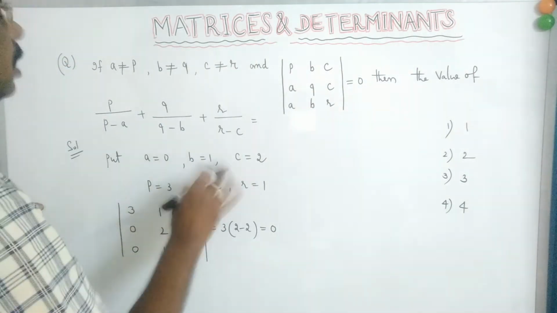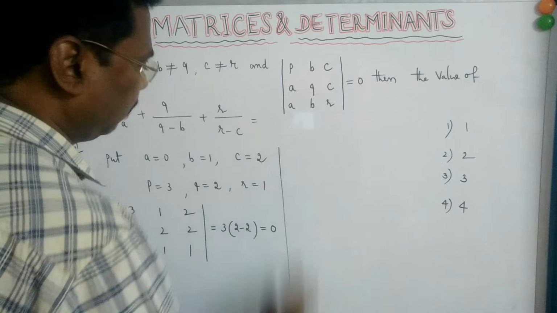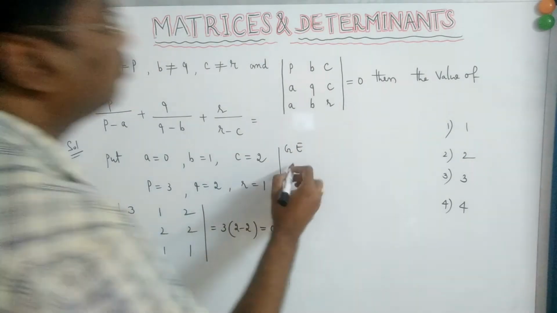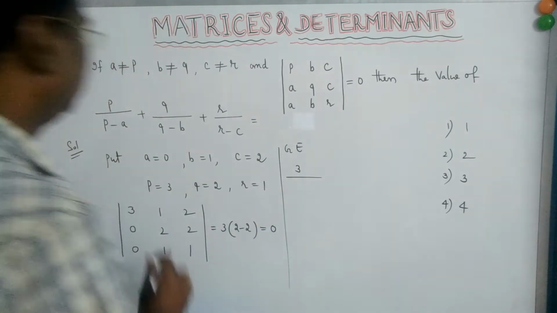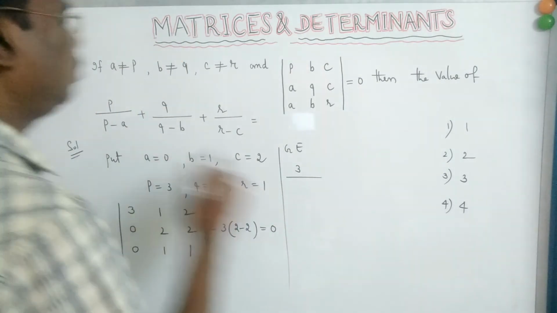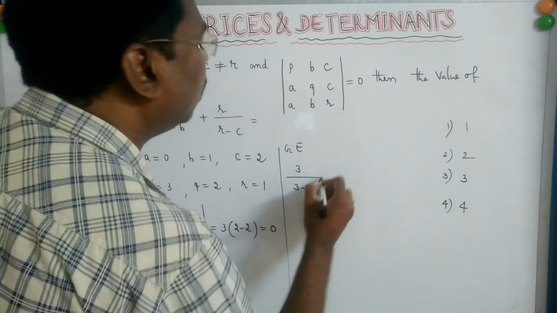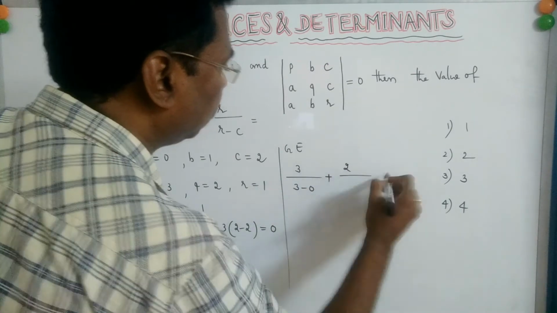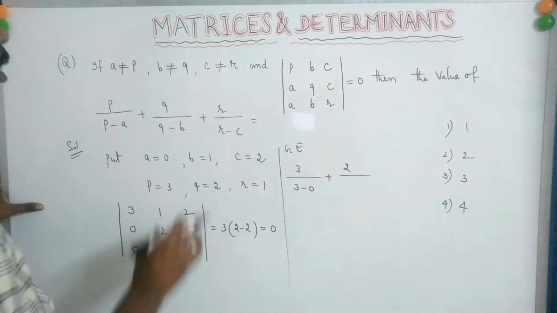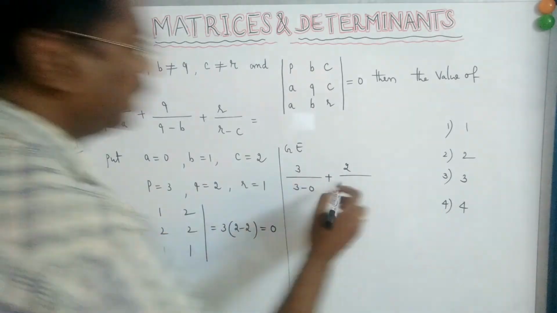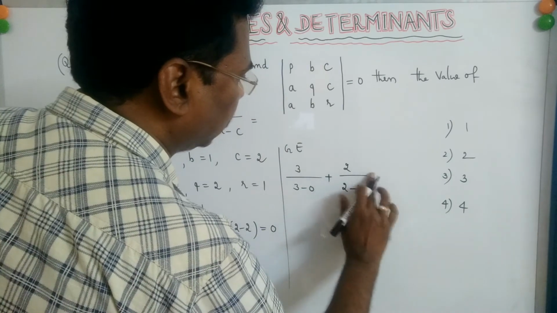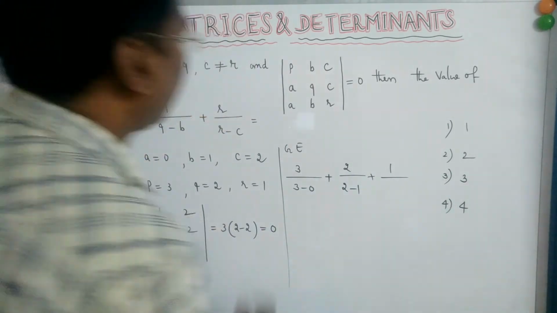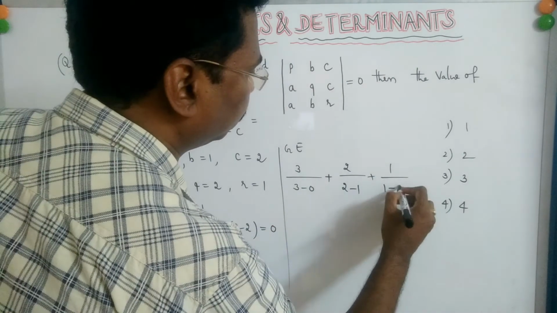Now the same values are substituted in the given expression. Now P by P minus A: 3 by (3 minus 0), plus Q by Q minus B: 2 by (2 minus 1), plus R by R minus C: 1 by (1 minus 2).